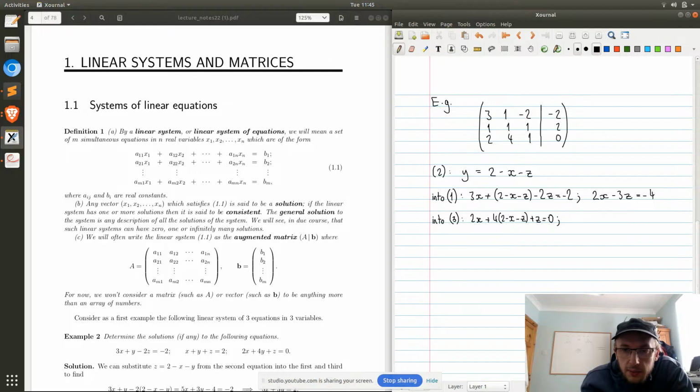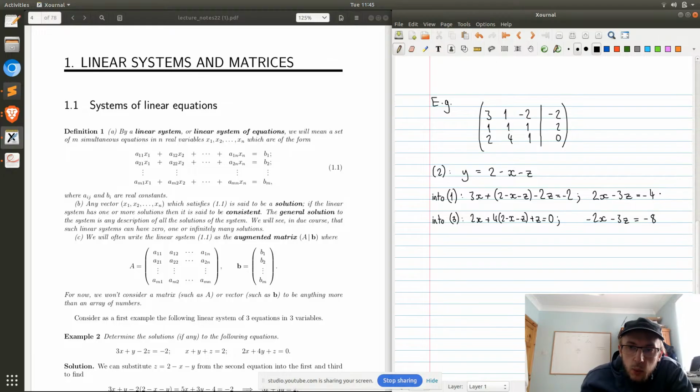So we've got 2x minus 4x, so minus 2x. And then minus 4z plus z, so minus 3z. And then that's equal to minus 8. No. Oh, yes, it is. It's equal to minus 8.